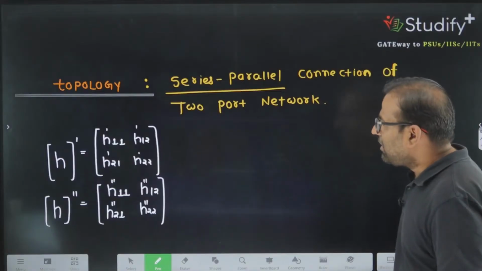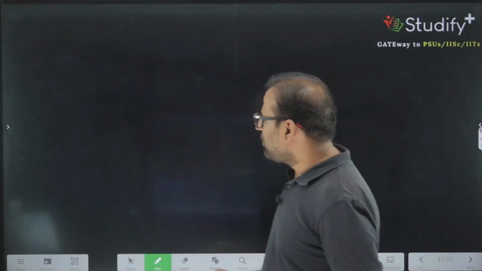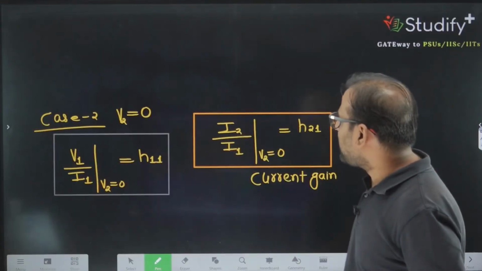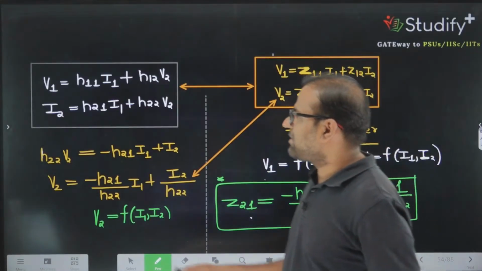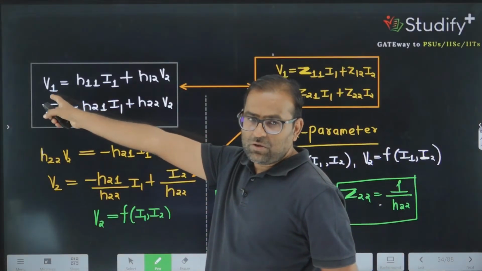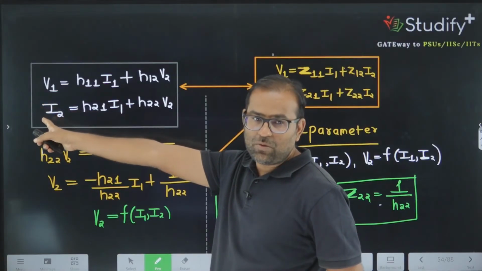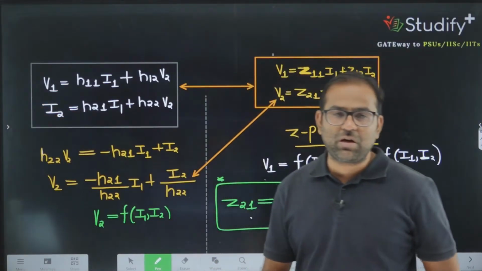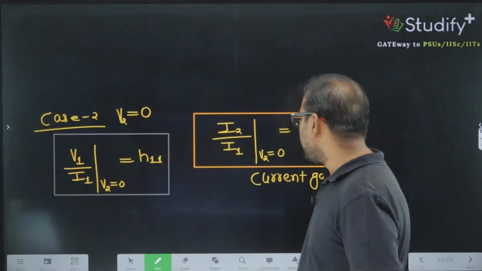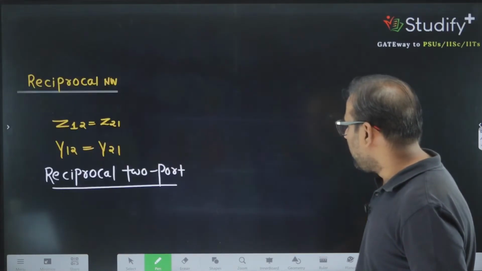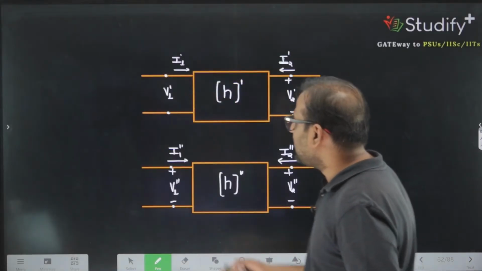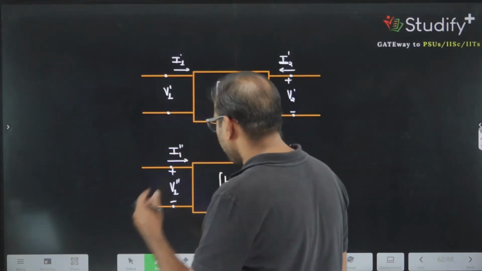So look at your topology. When you look at the topology, what can you say? In the H parameter model, first, you want to add voltage, and second, you want to add current. You can add the voltage when you have a series of something. So can I have a series connection of this? How to have a series connection?